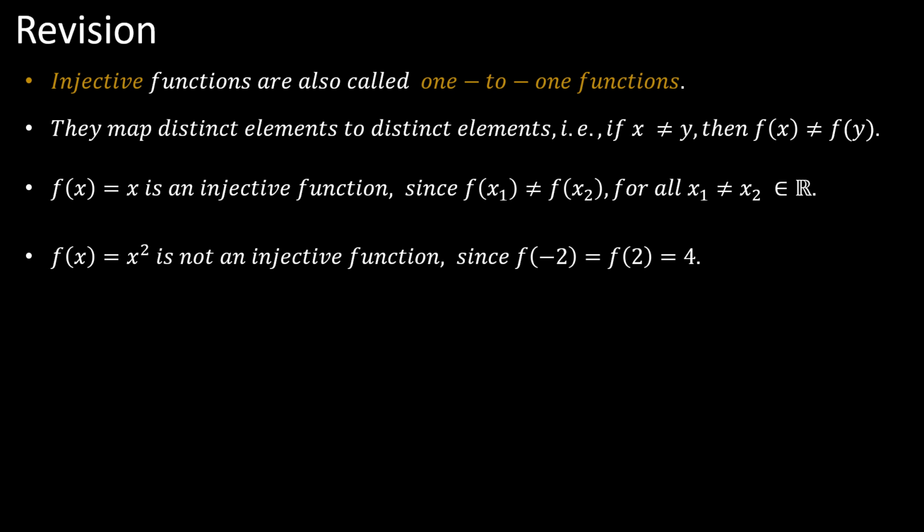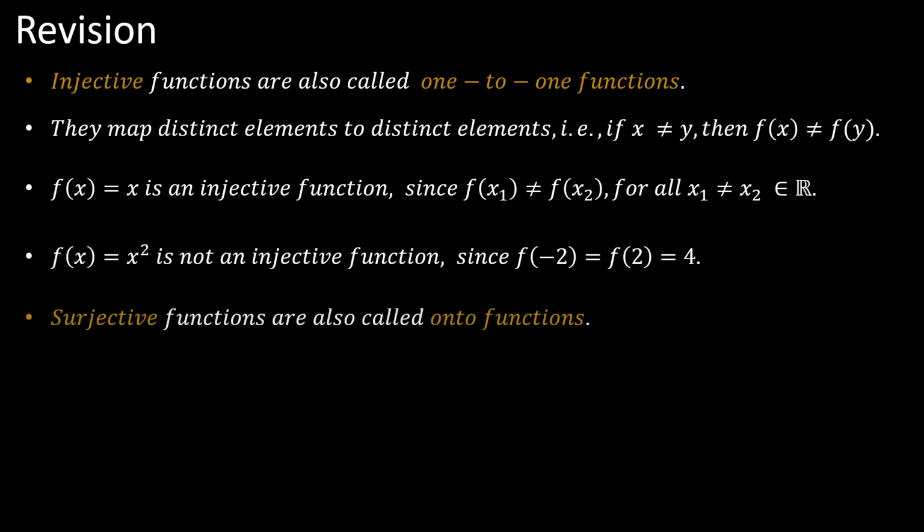Now, f(x) equals x squared is not an injective function because two different real numbers, -2 and +2, both amount to 4, and so we see here -2 and +2 are not equal, but f of -2 and f of +2 are equal.